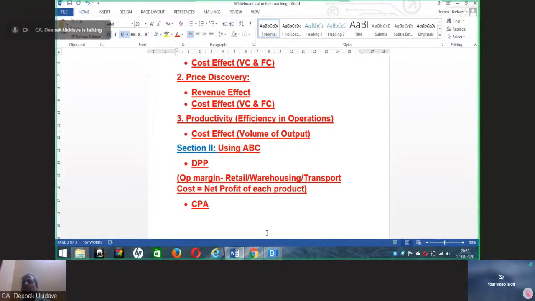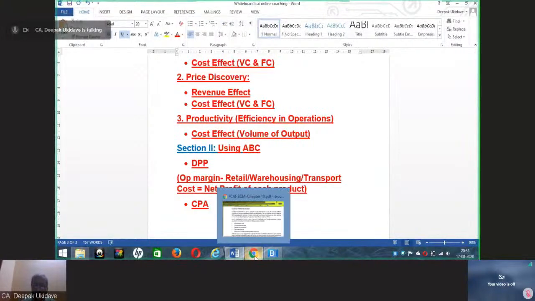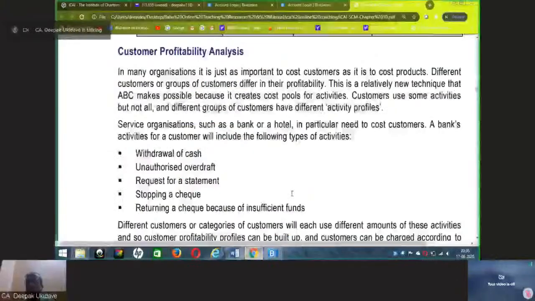Just saying that so much volume of goods he is buying monthly cannot be the criteria. It has to be quantified in monetary terms. So just as we do product profitability analysis, we also do customer profitability analysis, where we find out the profit per type of customer, per customer. It's a paradigm shift in approach and therefore a contemporary technique in strategic cost management.